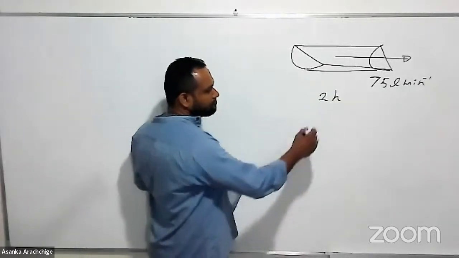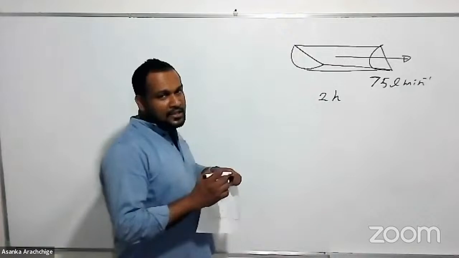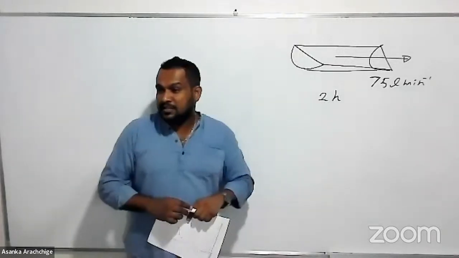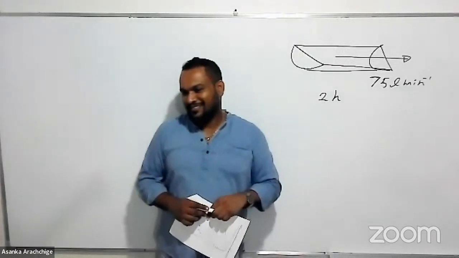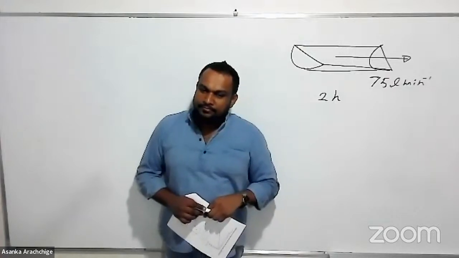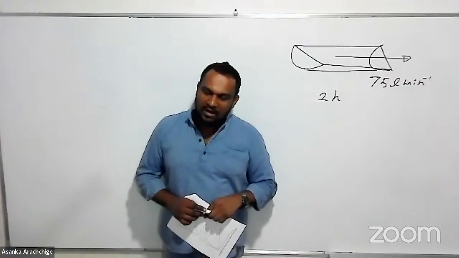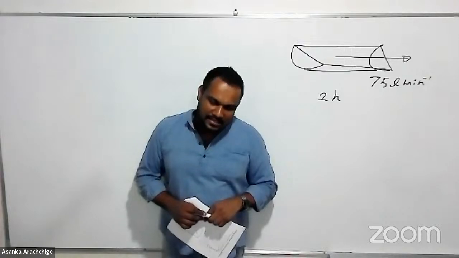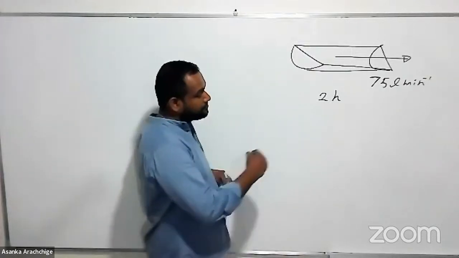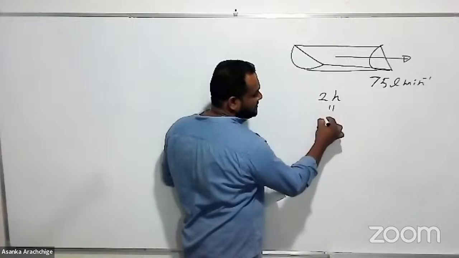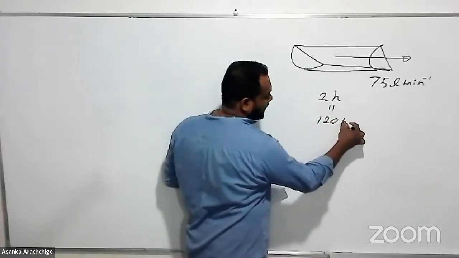What is the relationship between hours and minutes? 1 hour has 60 minutes. Then 2 hours means 120 minutes.